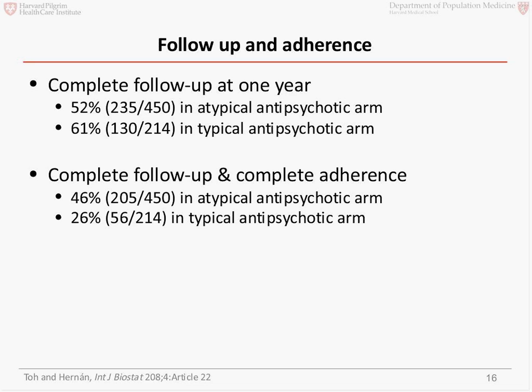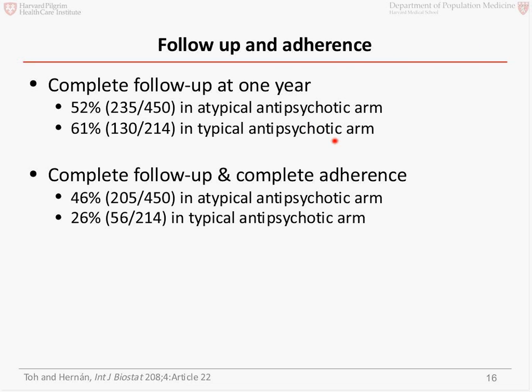So loss to follow-up and treatment non-adherence were pretty severe in this trial. By the end of the study, just over half of the patients in the typical antipsychotic arm completed the follow-up, and the proportion is 61% in the other arm.